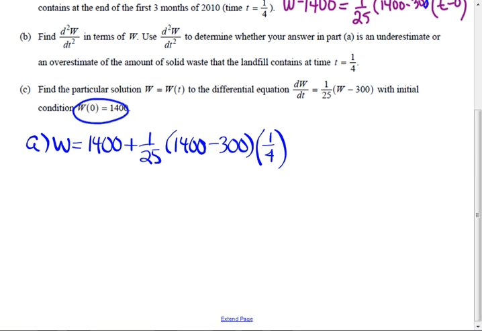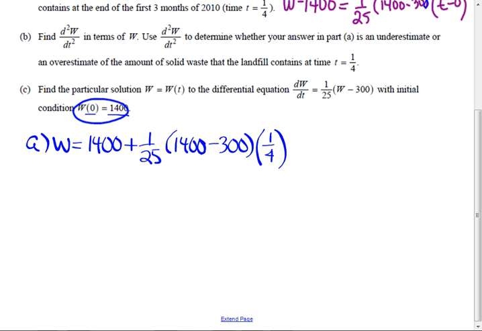Because when t is 0, when the initial time is 0, we're starting with 1,400 tons of waste. W is the amount of waste you have. When t equals 0, the waste I have is that. Then this is the equation of the tangent line.